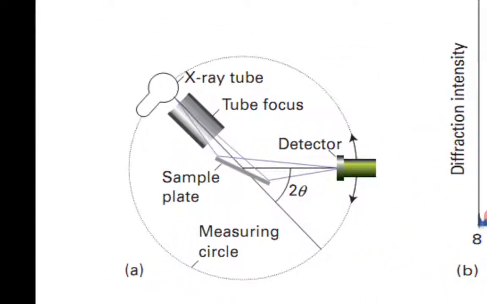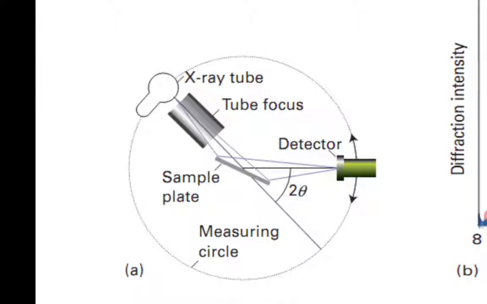This is the setup of a powder diffractometer, which uses an electronic detector to measure the angle of diffracted beams. This schematic diagram shows a powder diffractometer operating in reflection mode, in which the X-ray scattering occurs from a sample mounted as a flat plate.